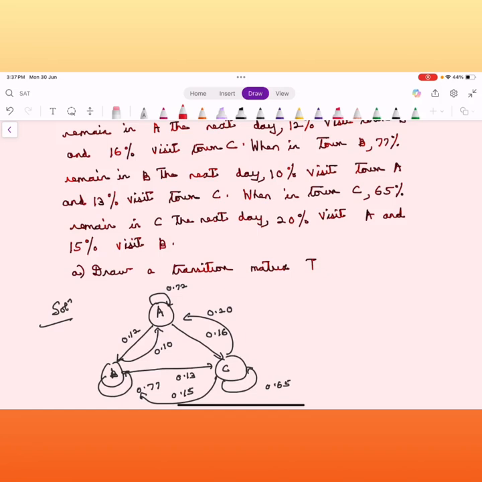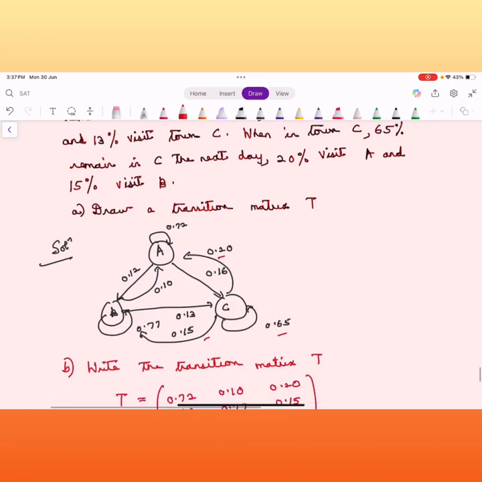So town B is 0.77. 10% visit town A, so I have 0.10, and 13% visit town C. To the town C, I have 0.13. When in town C, 65% remain in C the next day. So we can see 0.65 here. 20% visit A and 15% visit B.